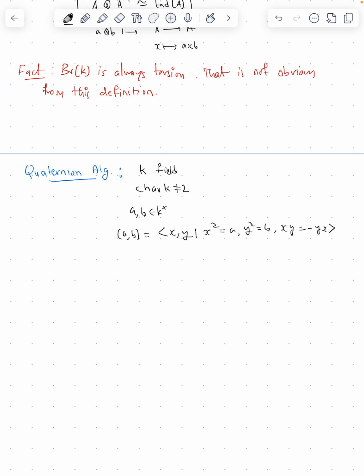For that we have the following easy description of when this quaternion algebra is split. The following are equivalent: (a, b) is split.